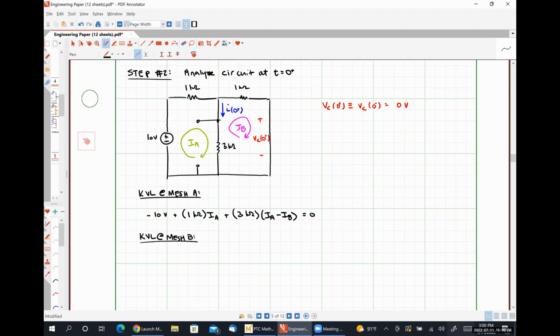KVL at mesh B gives us 3 kilo ohms times (IB minus IA) plus 1 kilo ohm times IB is equal to 0. And I'm going to solve these two equations simultaneously for IA and IB.